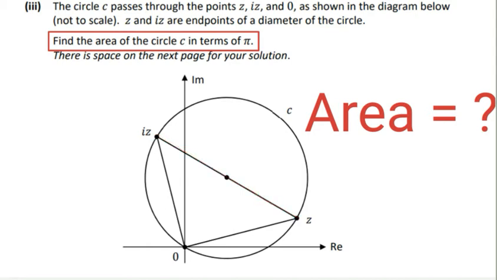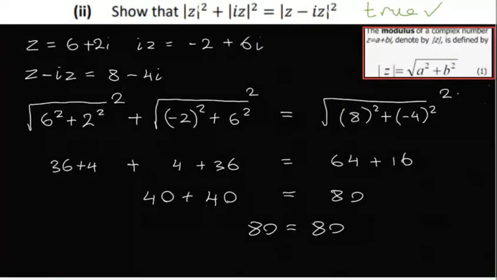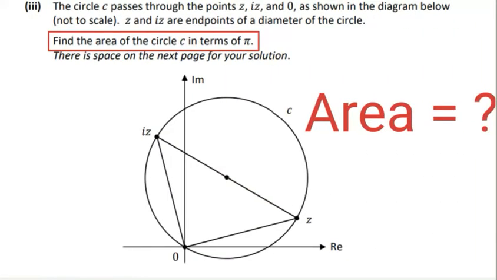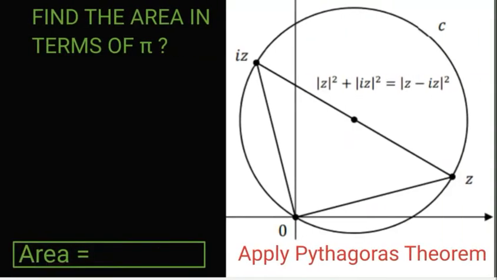But remember, we already have that solved because we know that the modulus of z squared plus iz squared is equal to the modulus of z minus iz squared. So that means we already have the hypotenuse worked out, as you can see. This is true. So we apply the Pythagoras Theorem, and this will ensure that we get the modulus.